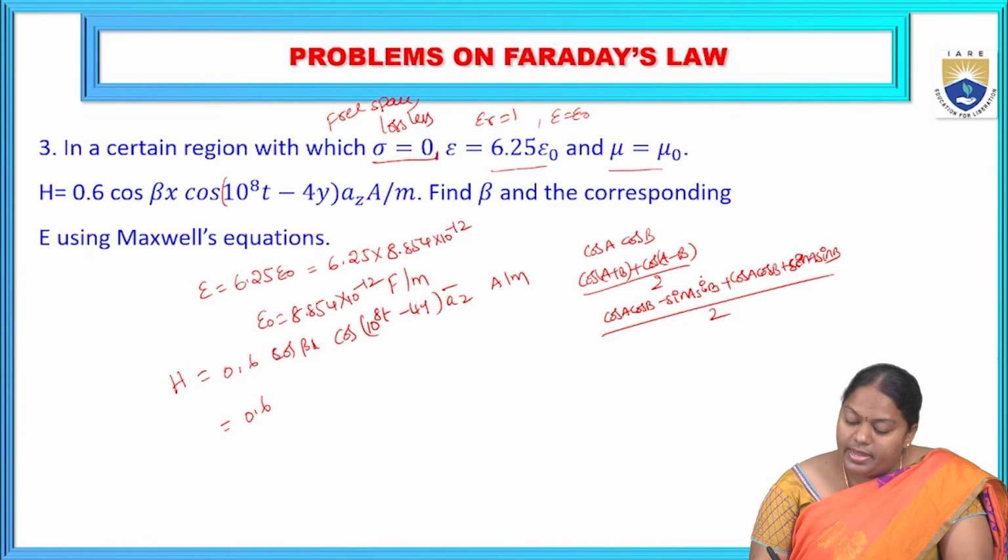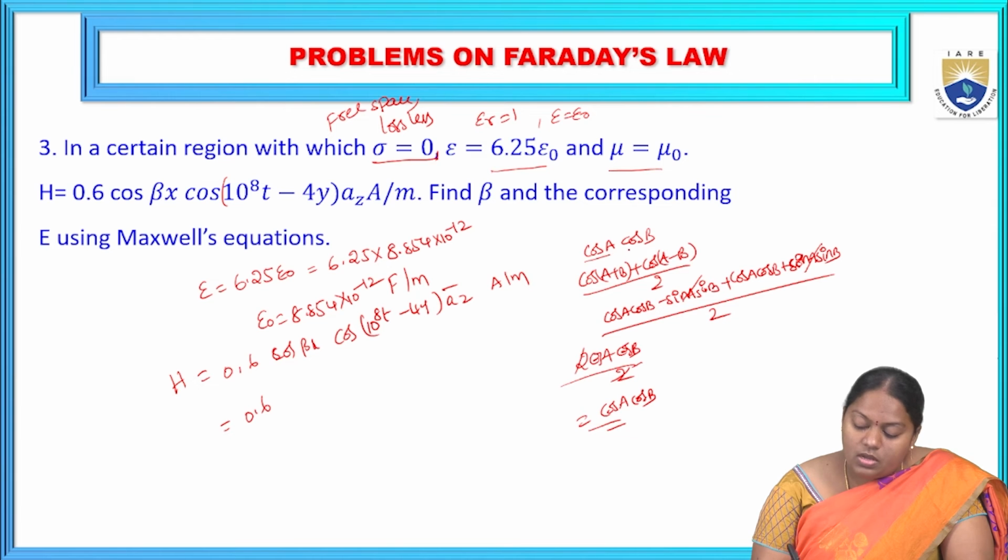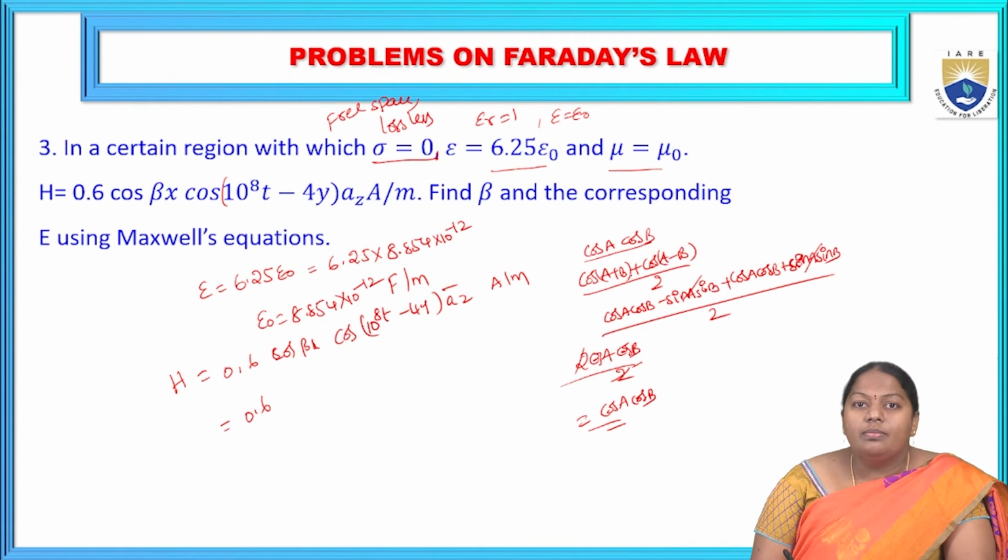So minus sin A sin B and plus sin A sin B get cancelled. 2 cos A cos B by 2 is obtained. If these two get cancelled, cos A cos B is the resultant. So to write the formula for cos A cos B, we consider it as cos of A plus B plus cos of A minus B by 2.